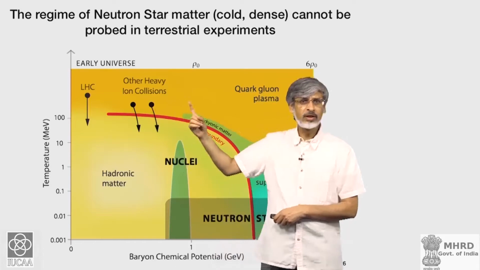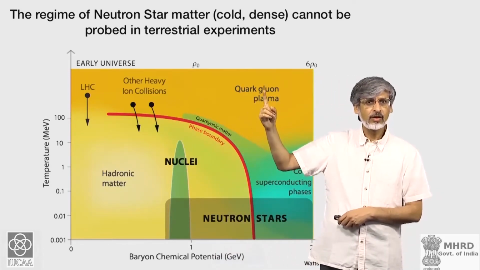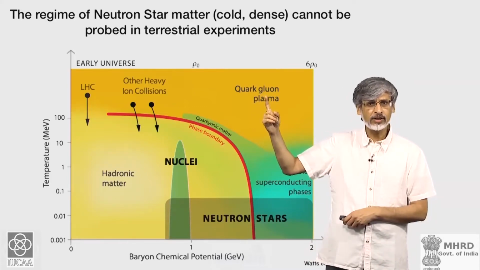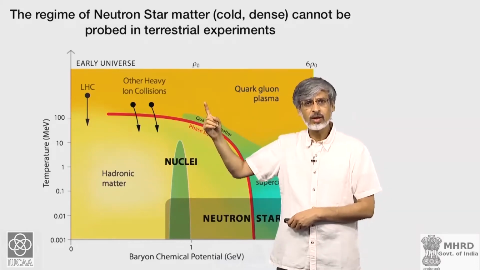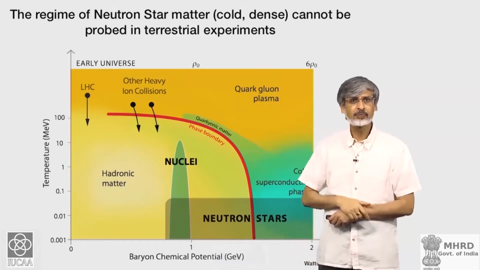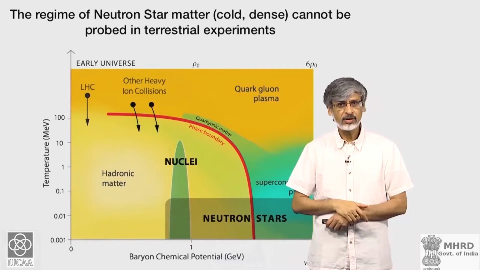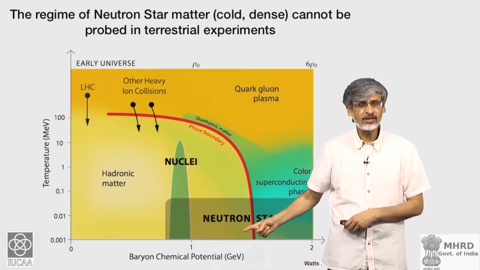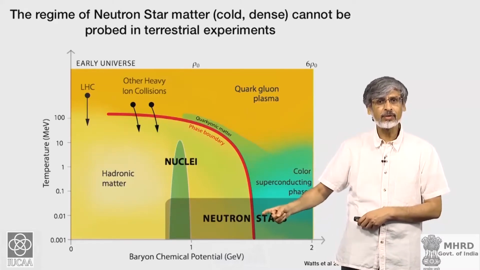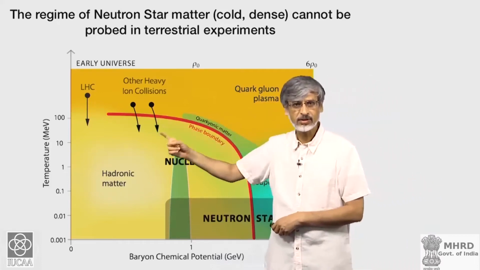So, between this and high density hot matter, where you have quark gluon plasma, is the regime that is probed by different accelerator experiments. Unfortunately, the density and temperature regime of neutron stars are not covered by any of these experiments.